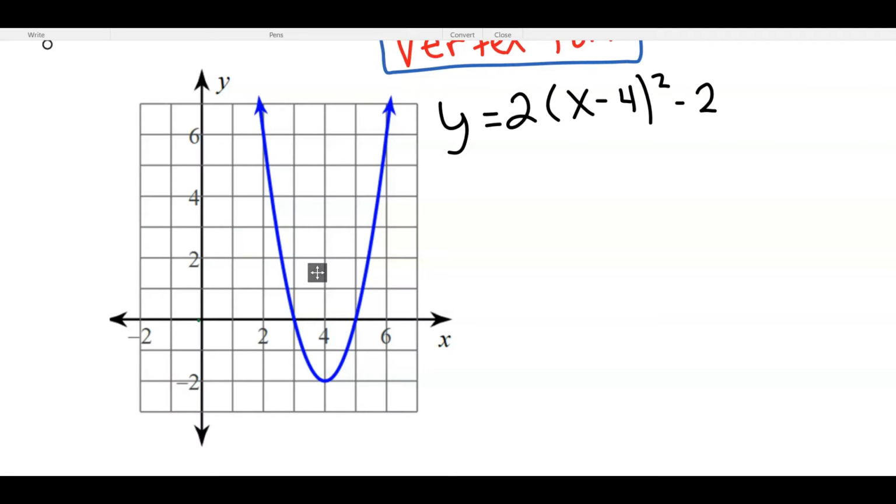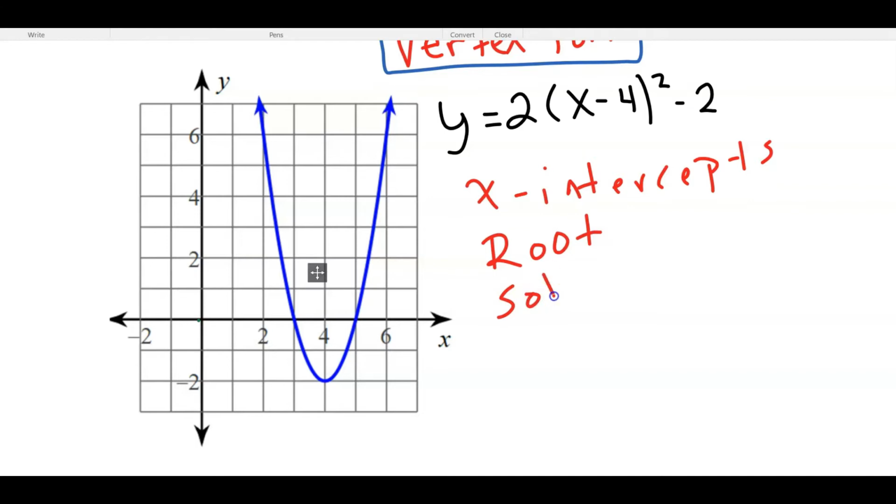Alright, now with parabolas, we're also going to be labeling x-intercepts and y-intercepts, but with a parabola, a lot of times you're going to have more than one x-intercept, and another word for that is a root. They can call it the root, they can call it the solution.